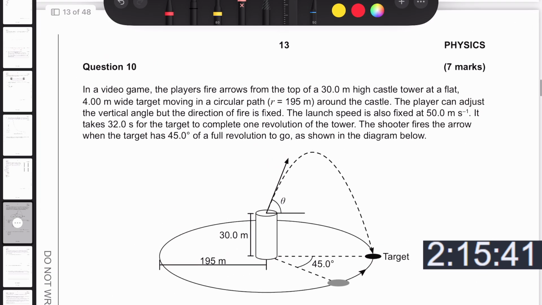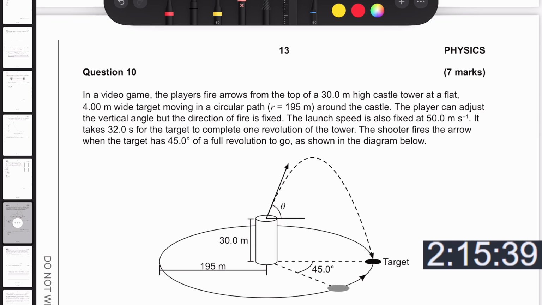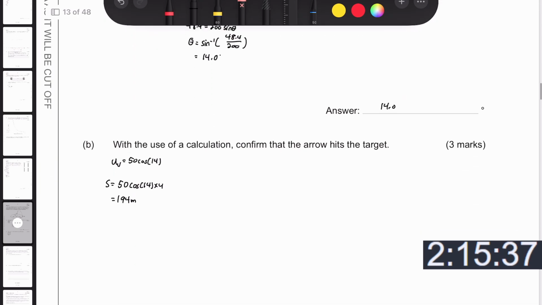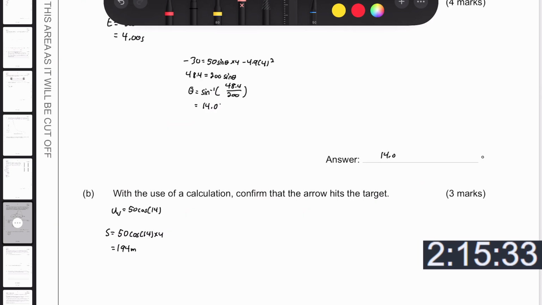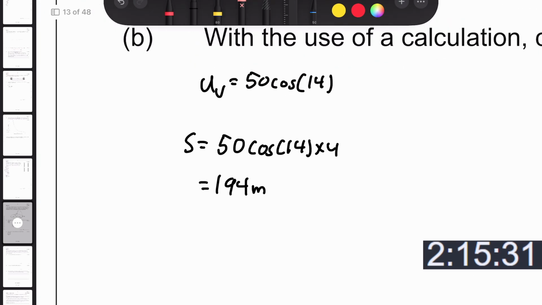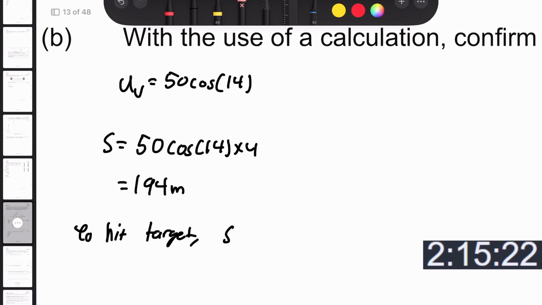It's a 4 meter wide target. Hits the target before it hit the center of the target. To hit the target S must be... oh wait, I think so.